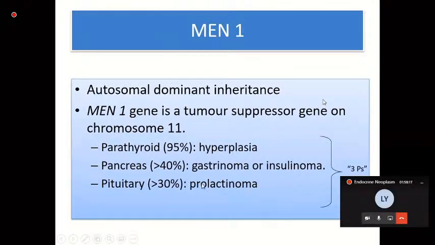Pituitary, prolactinoma. It is autosomal dominant inheritance. The MEN1 gene is a tumor suppressor gene on chromosome 11. If there is a mutation in this gene, it leads to multiple endocrine neoplasia, and the 3Ps are affected. Easy to remember, right?